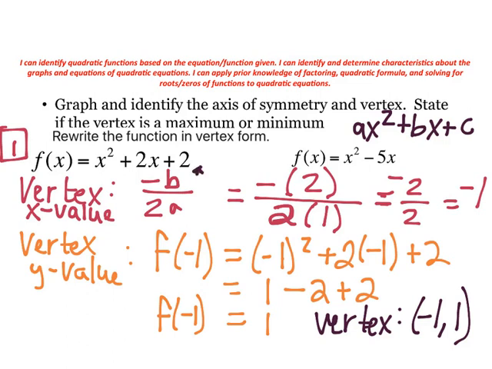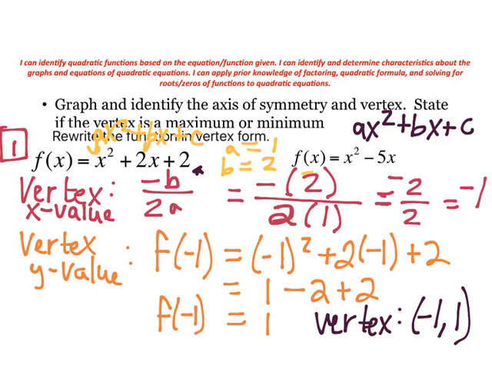And then my next step is, what is b and what is a? So if I come over here and I say ax² + bx + c, what is your a term and what is your b term? Okay, so even if you need to write it directly above the function and then draw an arrow down, a is 1, and b is positive 2.